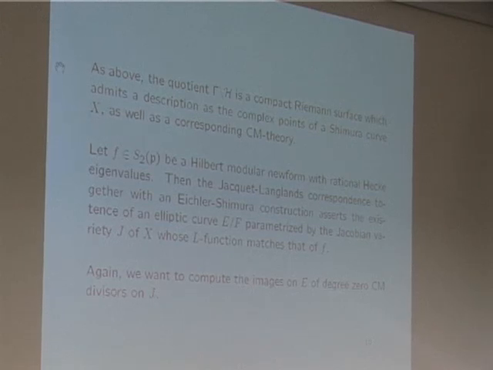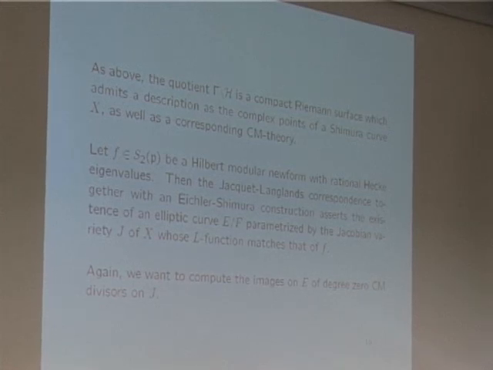As above, the quotient gamma mod H is a compact Riemann surface. It admits a moduli description and a corresponding CM theory. And so let's take F in S2 of gamma naught of P to be a Hilbert modular newform with rational Hecke eigenvalues.